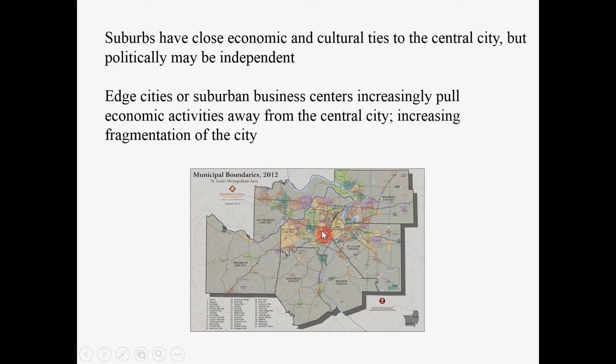These patches of different colors are all different municipalities of different cities. Politically, they are independent of the central city of St. Louis. So economically, all these places are integrated into one single entity, but politically, they are all fragmented.